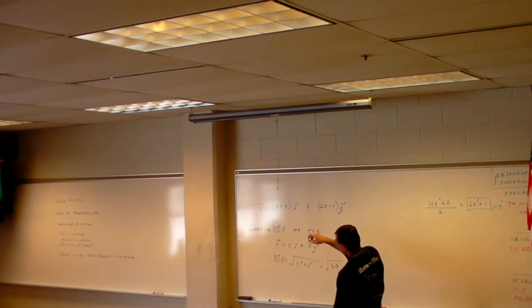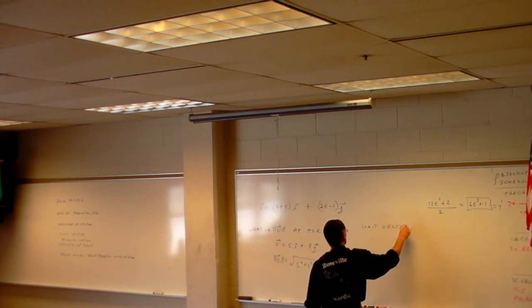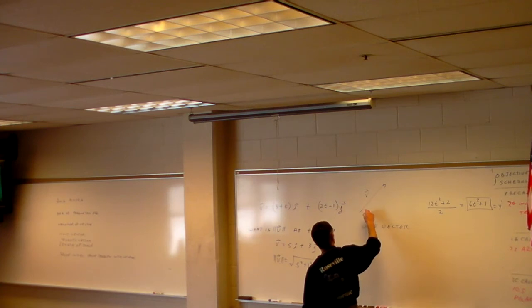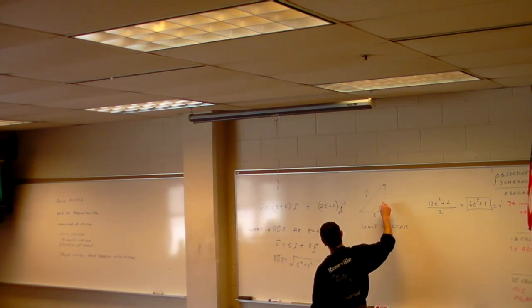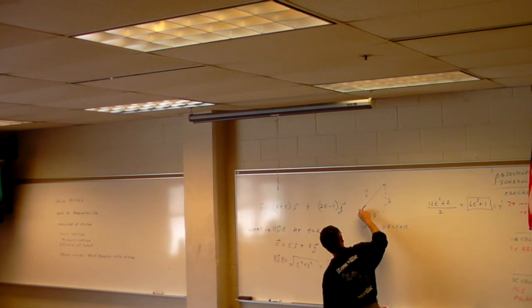Now, we can knock out the other one with this. What is the unit vector? We have a vector v that has a component going 5 and going 3. The unit vector is the vector that's only 1 unit long.